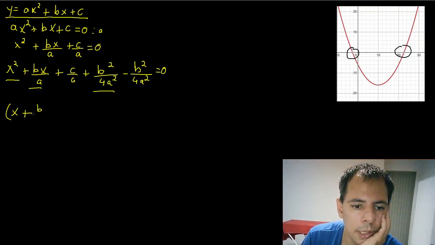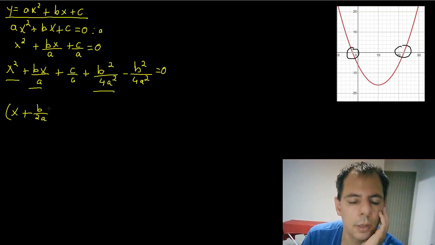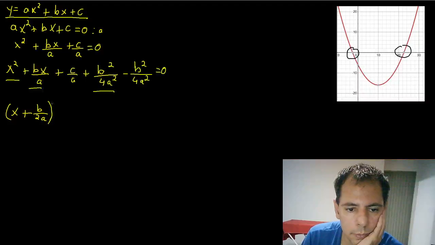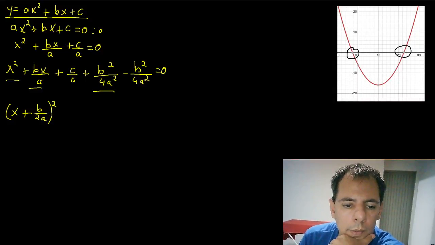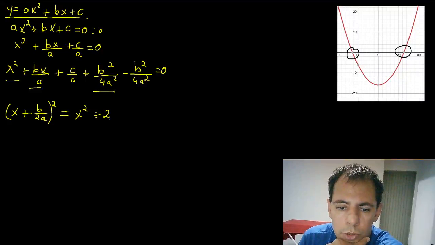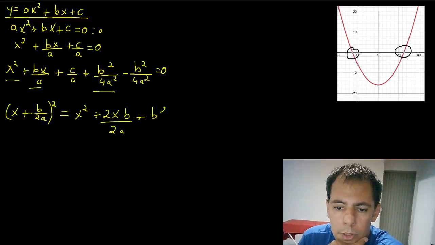x plus b divided by 2a, squared. Now, I just want to open a parenthesis here. Does this perfect square equal these three terms? Yes, it does. If you expand this, you get x squared plus 2x times b over 2a plus b squared over 4a squared, and you simplify these here.